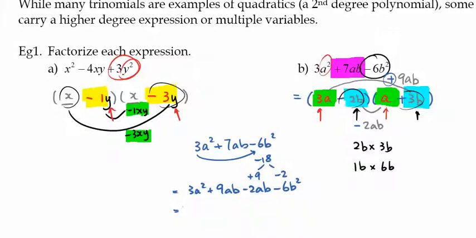We call this method decomposition. You decompose this middle term into 2 pieces so that you can factor this by grouping. You can use this method, but as you can see, it takes a relatively long time to factor this trinomial.